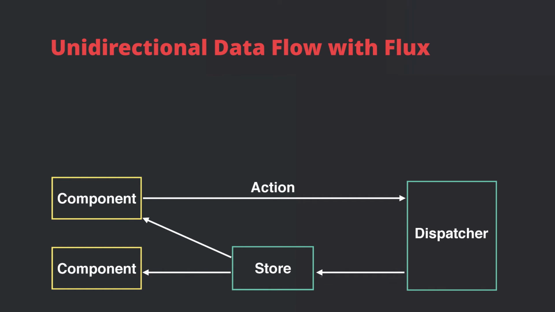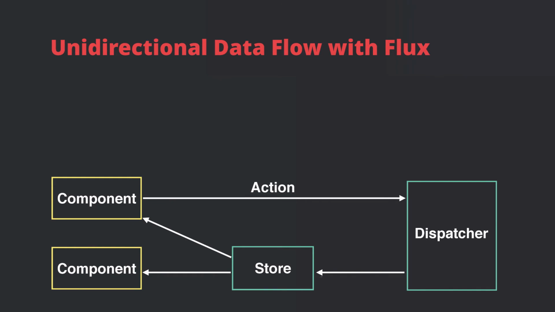Now, this action goes to, and this is a bit of a simplification, I'll make it slightly more complicated in a second, a dispatcher, which is basically a system that collects all of the events and then redistributes them to whoever subscribed to any particular kind of event.